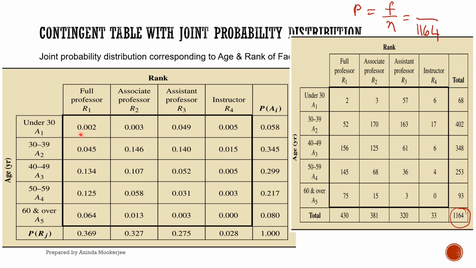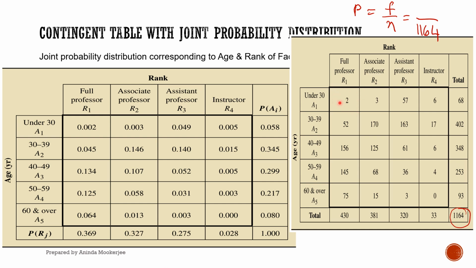So in order to find the probability of a person who is under the age of 30 and a full professor, how many cases do we have? How many ways can we get somebody who's under 30 and is a full professor? Two ways. That's what f is about: how many ways a certain situation can occur.